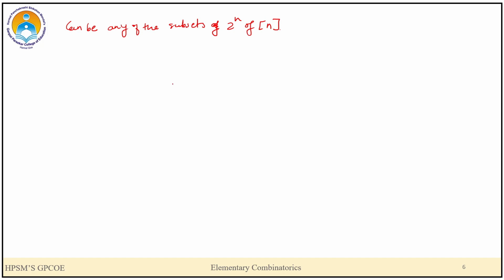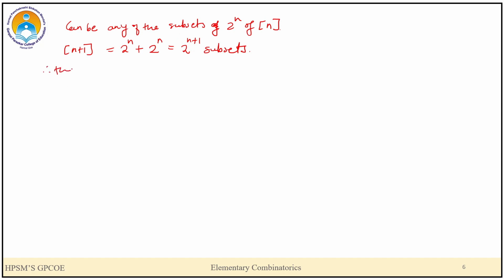So altogether the subsets that we have of [n+1] are, from class 1, 2 raised to n subsets, plus from class 2 again 2 raised to n. Which is nothing but 2 times 2 raised to n, which is 2 raised to n plus 1 subsets. So in this case we prove that the number of all the possible subsets of [n+1] is of that form, 2 raised to n plus 1.